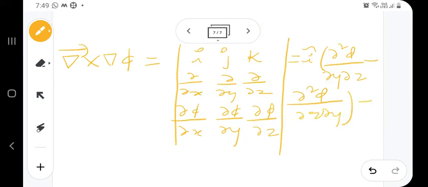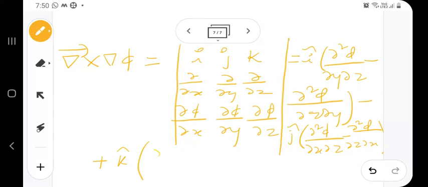Minus j cap into, neglecting the j column and row, dou by dou x of dou phi by dou z, which is dou square phi by dou x dou z, minus dou square phi by dou z dou x, plus k cap into, neglecting the k column and row, dou by dou x of dou phi by dou y, which is dou square phi by dou x dou y, minus dou square phi by dou y dou x.